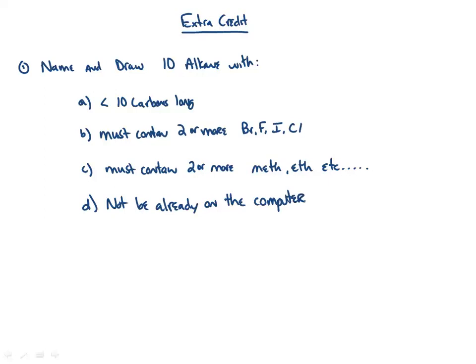And when I say they can't already be on the computer, I mean basically if you just go and click the button 10 times and write 10 of those down, I already have those named. That doesn't help me any at all. That doesn't give you guys anything. And then what I'll do is I'll use some of the molecules on the test.